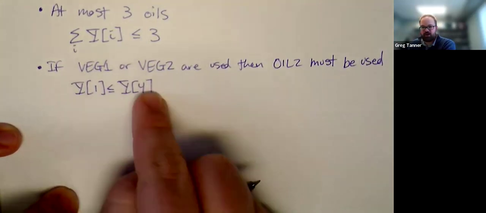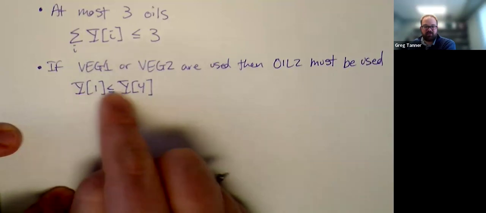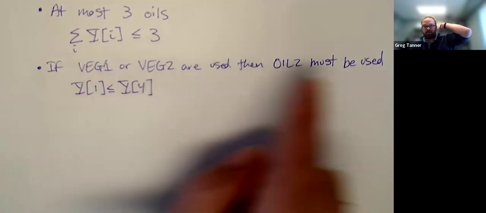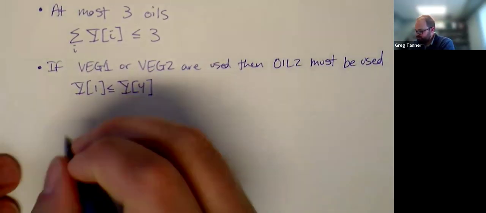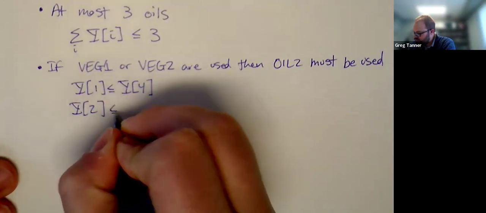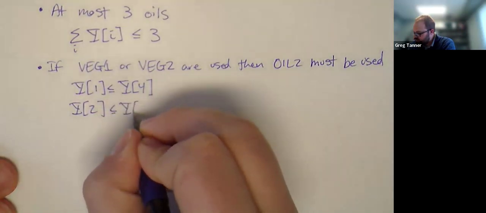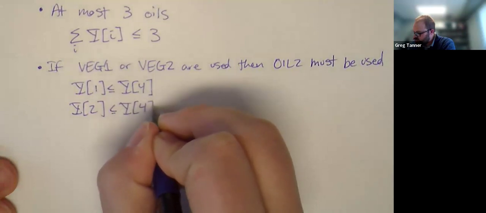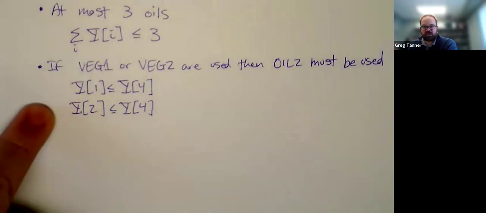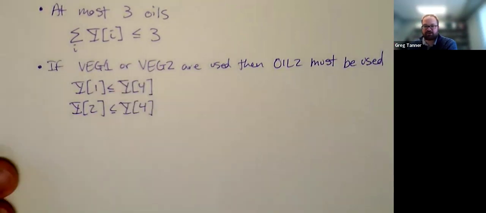That's the way I think through this: if y1 equals 1, then y4 must also be 1 and oil 2 must be used. Similarly with y2, we'll also force y4 to be 1.